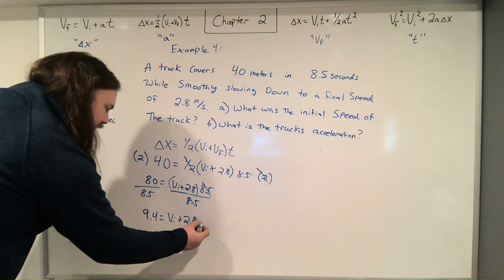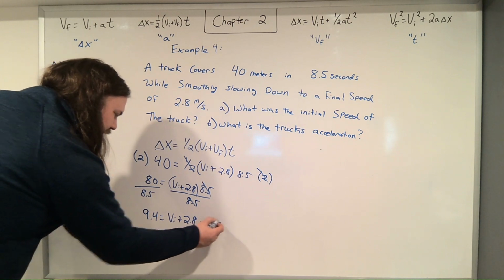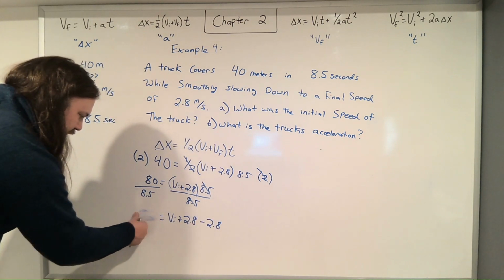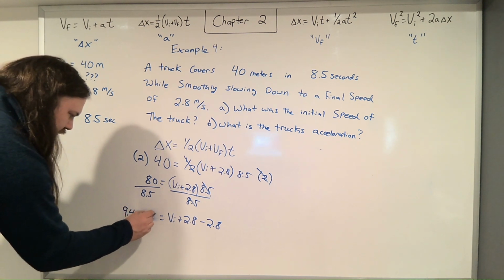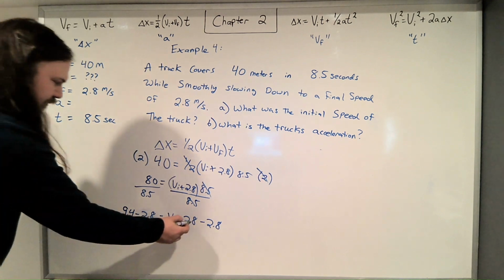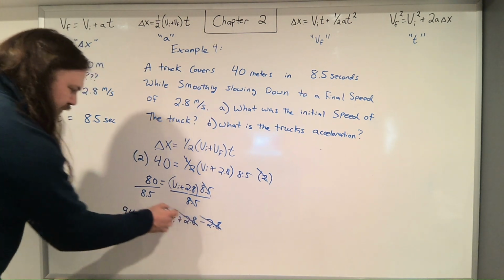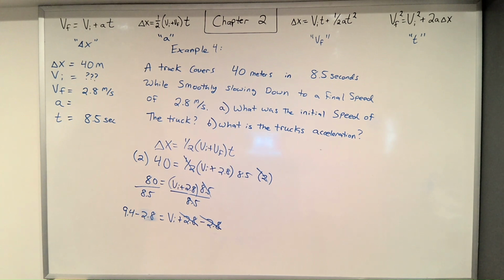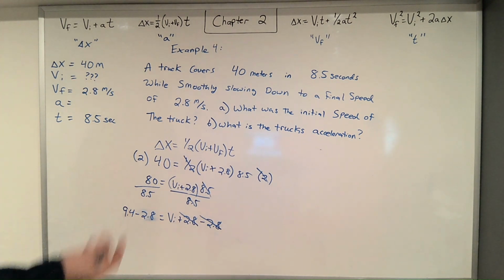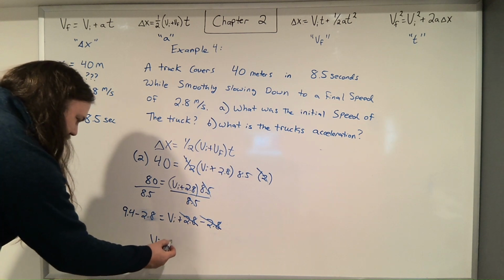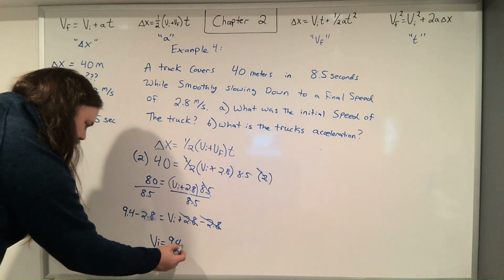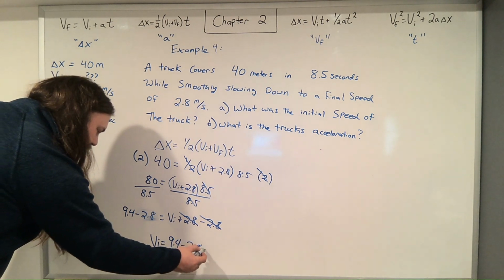Now we just minus 2.8 off of both sides. The plus 2.8 and minus 2.8 are going to cancel out, and we'll just be left with vi. Now that I've made it all the way down to the end, I'm just going to flip it around so that it gives us our answer here. vi is equal to 9.4 minus the 2.8.